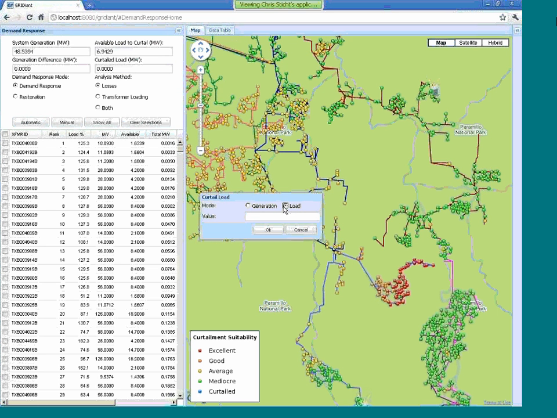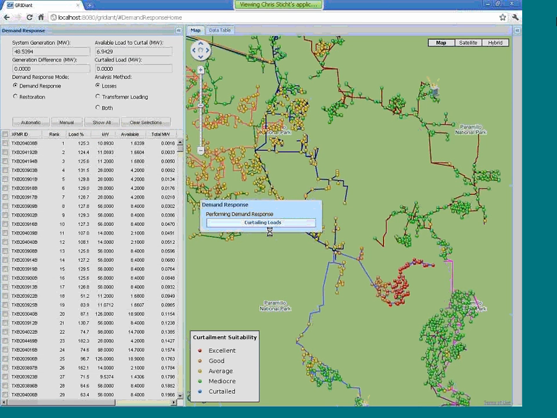The system will curtail some load, then the GridFast engine kicks in and does its calculations, and then it curtails a little bit more until it gets to 1 megawatt. When it's done, it will show you which loads were curtailed.